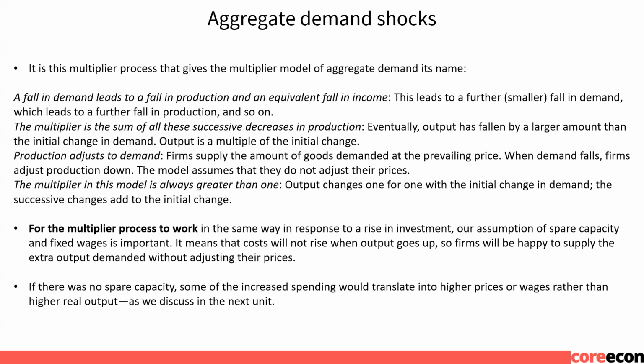And for the multiplier process to work, we already emphasized this, there are some crucial assumptions that need to hold. One is that spare capacity and fixed wages need to be there. That is, when the households are increasing or decreasing their demand, the response from the firms needs to be a supply response.